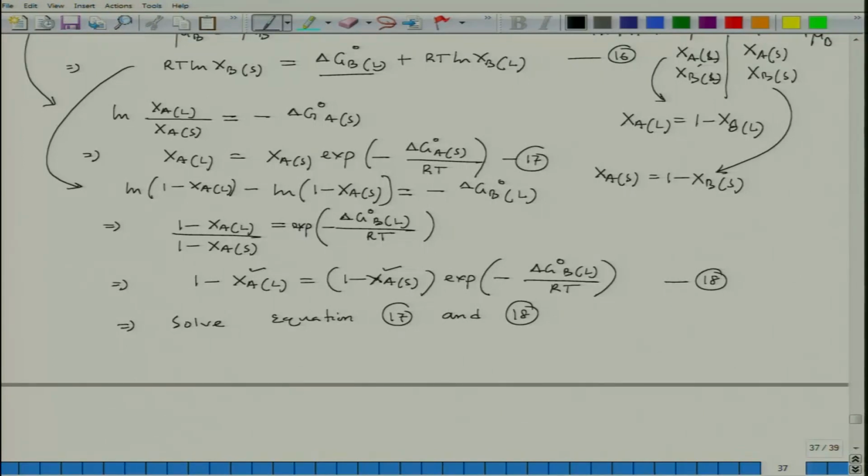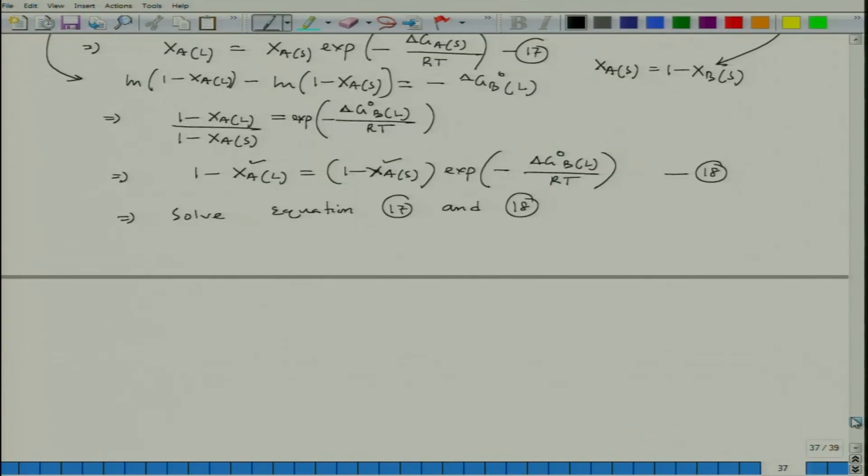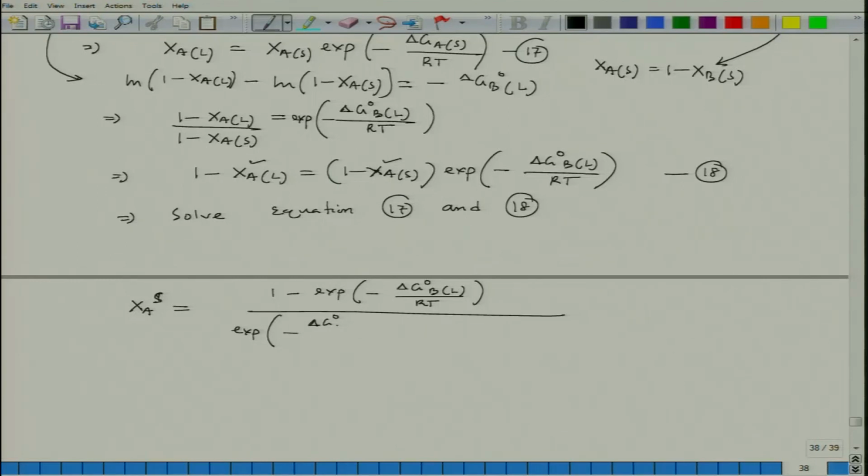And the solution becomes XAS equal to 1 minus exponential minus delta G0 BL divided by RT, over exponential minus delta G0 AS divided by RT minus exponential minus delta G0 BL divided by RT. Similarly, XAL equal to 1 minus XBL.